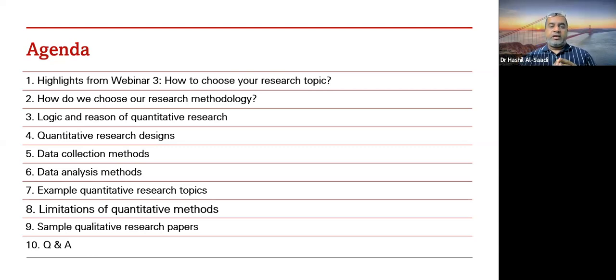And I hope we have the time to explore one of the published papers as well, so you see how quantitative research is written up and designed, formatted in a publishable paper. So we try to have both some of the theoretical knowledge, and then we'll see how we can put this knowledge into practice in producing a quantitative paper.